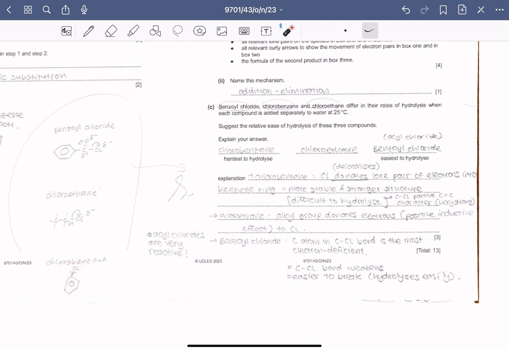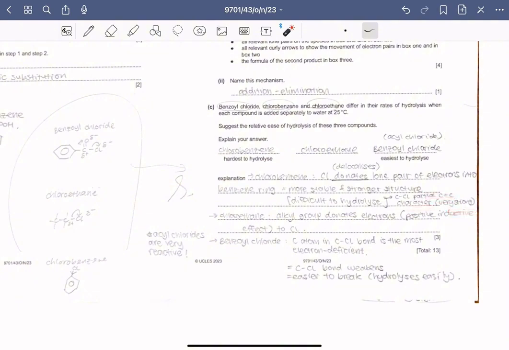This is the same for phenol, where it is bonded to OH. The lone pair delocalizes into or overlaps with the benzene ring, and so it forms a more stable structure that is difficult to hydrolyze. So the C-Cl bond has partial C=Cl double bond character, which is very strong and more stable.